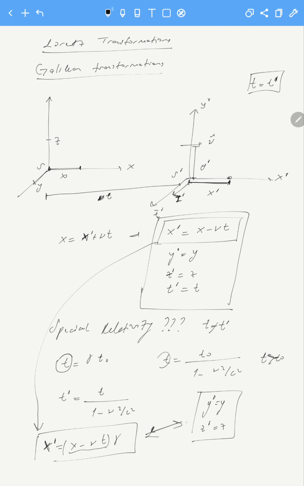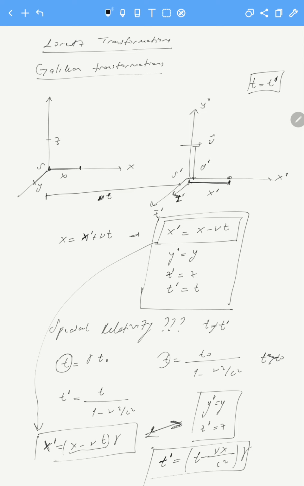We can actually relate the time. So time in the moving frame is going to be measured like this, with x v over c squared and gamma.